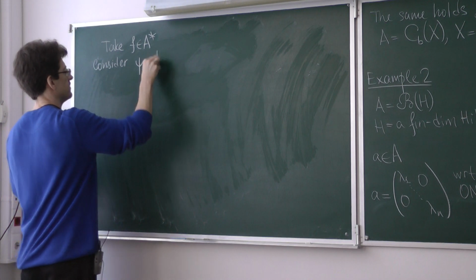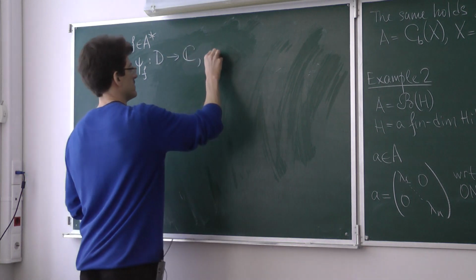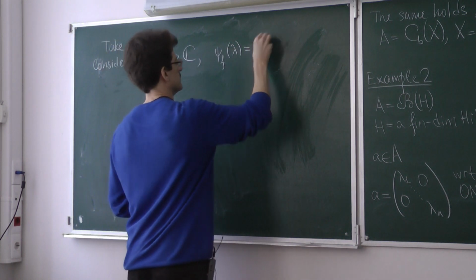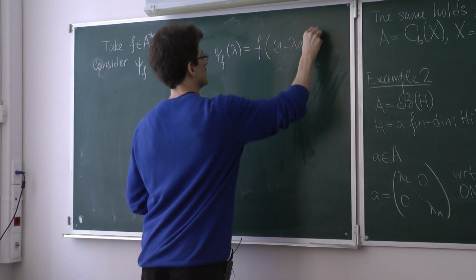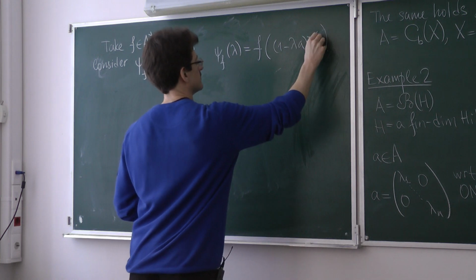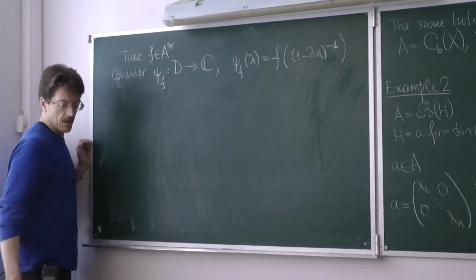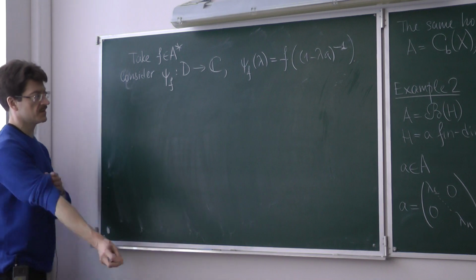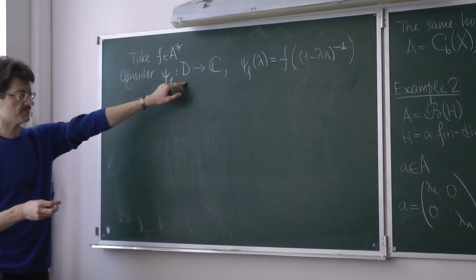This is a function defined on our disk, and it is given by the following formula. So what can we say about this function? First of all, let's see that this function is indeed defined everywhere on D.